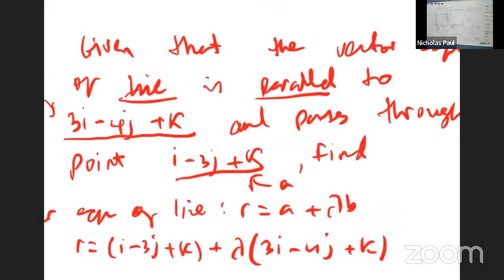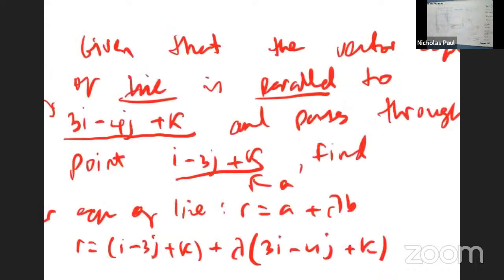It is parallel to 3i minus 4j, and it passes through the point i minus 3j plus k. So I kind of helped you with the vector form already. Right? You have the vector form. I just want the Cartesian and the parametric.